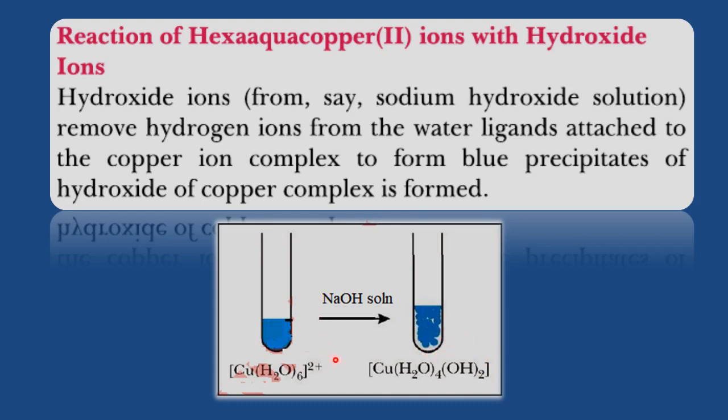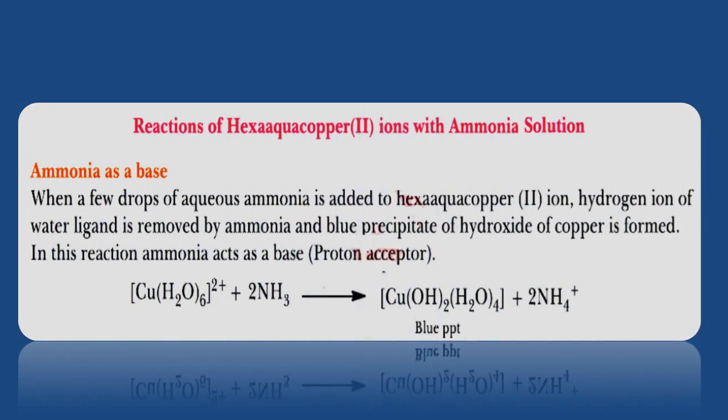Students, the next reaction that we are going to study is the reaction of hexaaqua copper(II) ions with ammonia solution. Ammonia acts as a base as well as a ligand. So first of all, let us discuss how ammonia acts as a base. When a few drops of aqueous ammonia are added to the solution of hexaaqua copper(II) ions, it is going to act as a base and remove hydrogen ions from the water ligands which are attached in this complex.